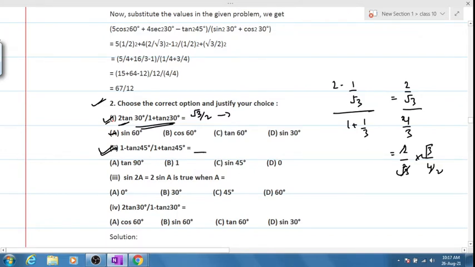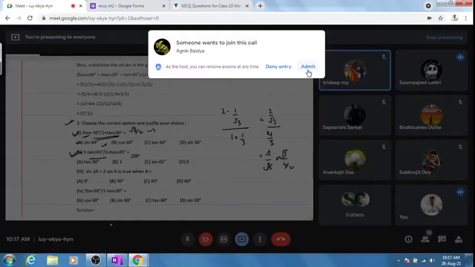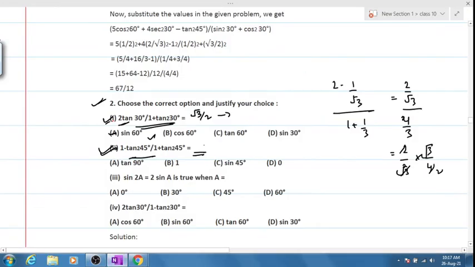What is the value that you will be getting here? Just tell me after substituting the values, what are we getting? Very good. 1 minus 1 in the numerator, you will be getting 0. So 0 is what you will be terming this as. Clear?